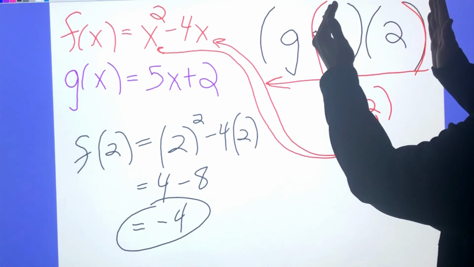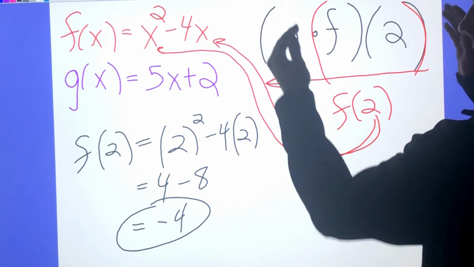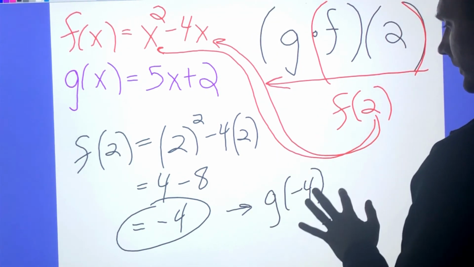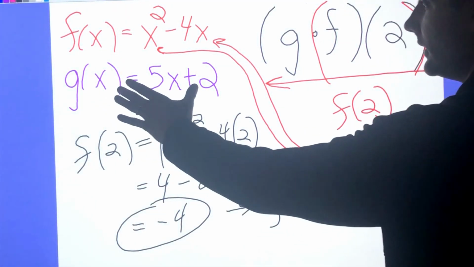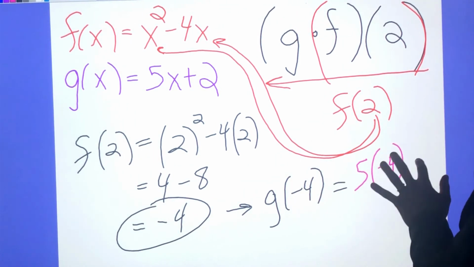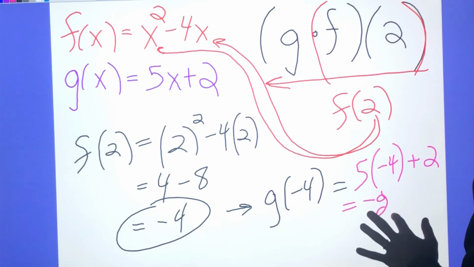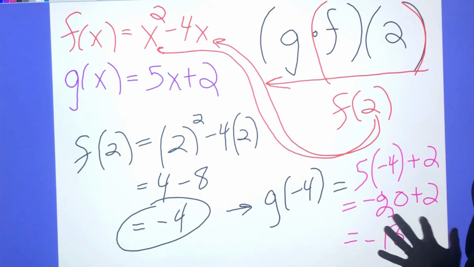Now that I know what it equals, I have to replace it in here. Now I need to find g of -4. So I look at my function g, I have 5x plus 2, so 5 times -4 plus 2. That's going to equal -20 plus 2, which is -18.